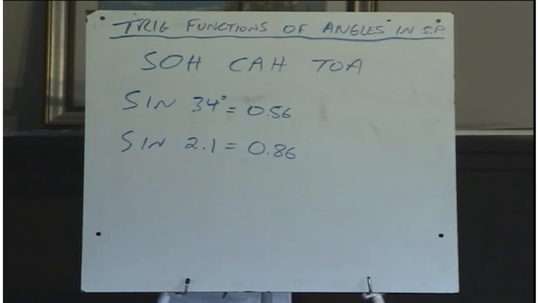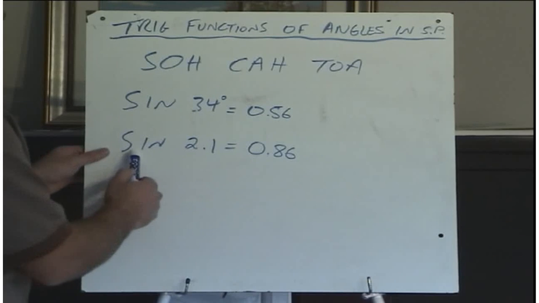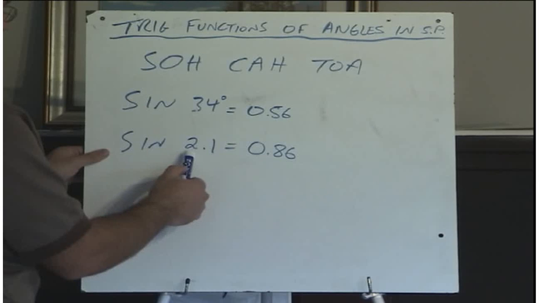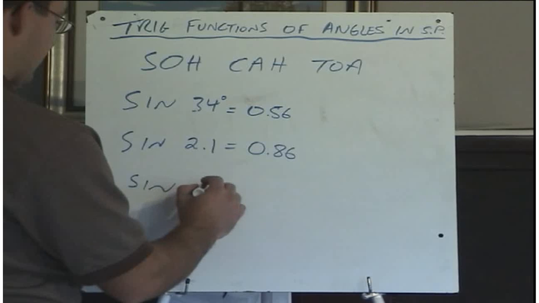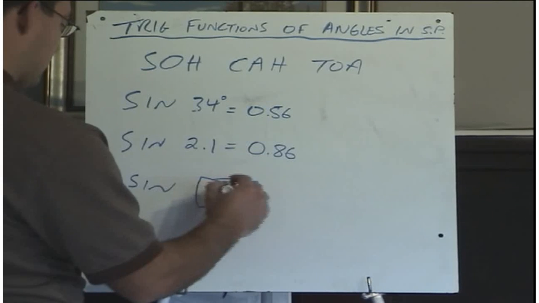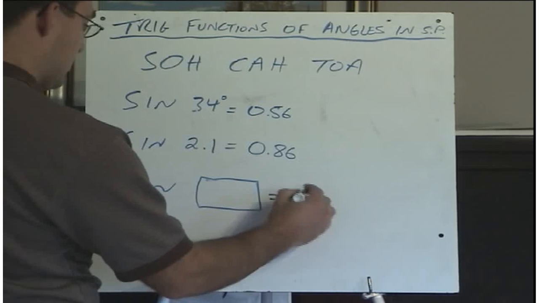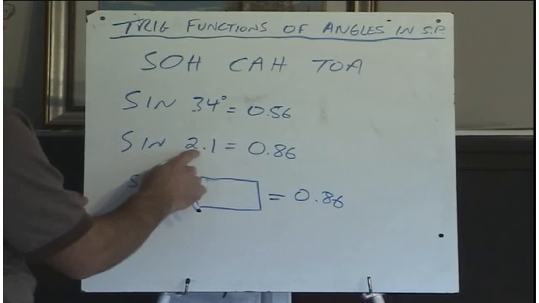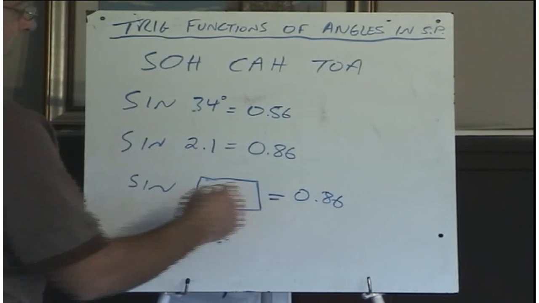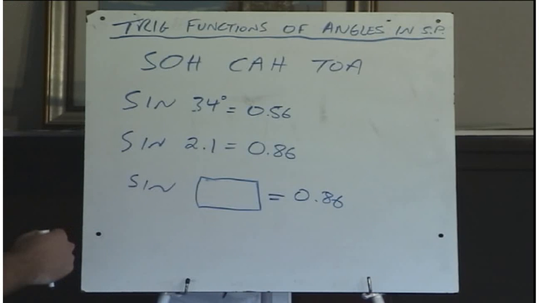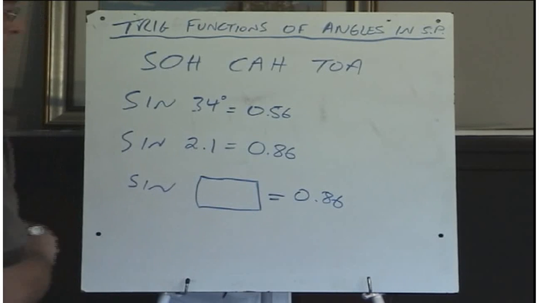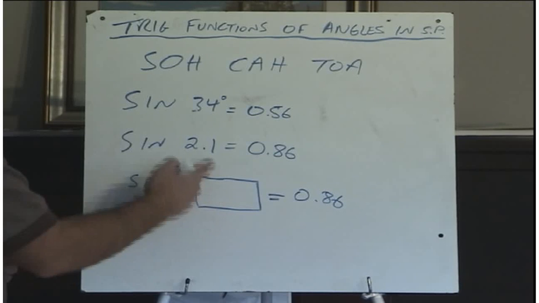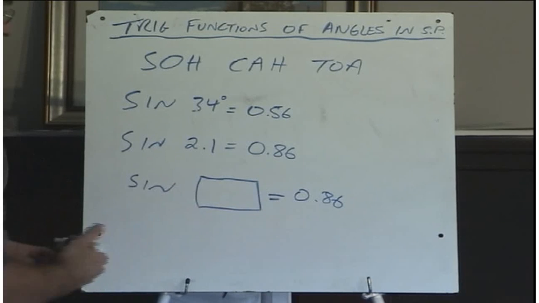Now let's say I'm asked a question that says, find another angle that when I take the sine of it, it would also end up as 0.86. Well, remember, a coterminal angle is an angle that has the exact same terminal arm. If a coterminal angle has the same terminal arm as this one, then obviously it must have the same ratio.